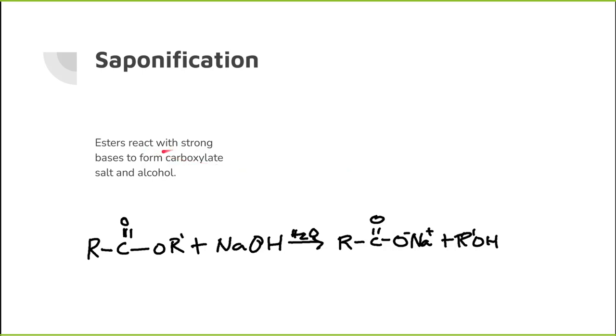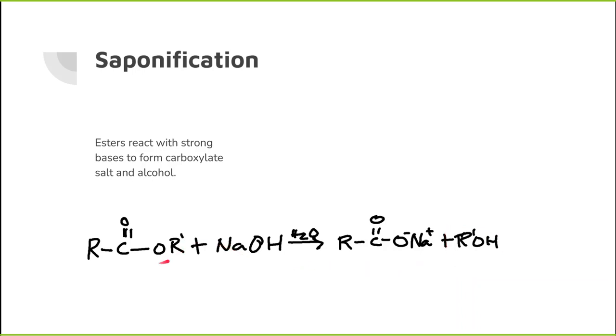Esters react with strong bases to form carboxylate salts and alcohol. And this is called saponification. And so you have your ester, RCOOR, a strong base with water, and you will get this carboxylic acid salt, and you'll get an alcohol.